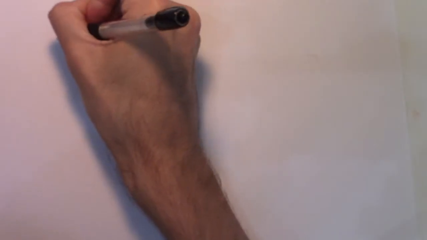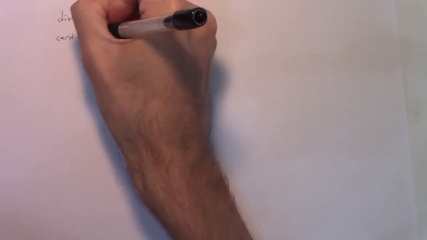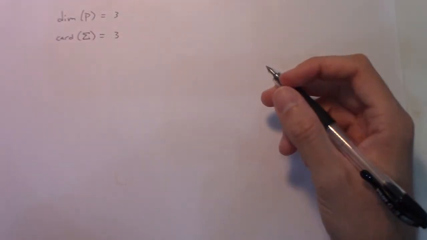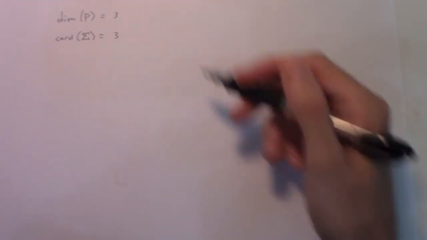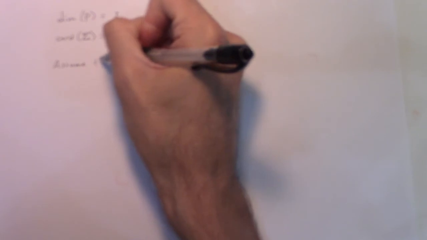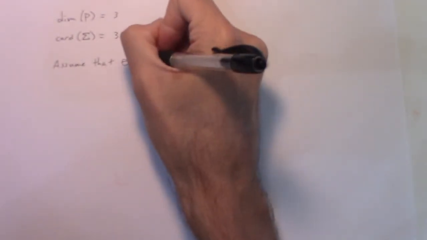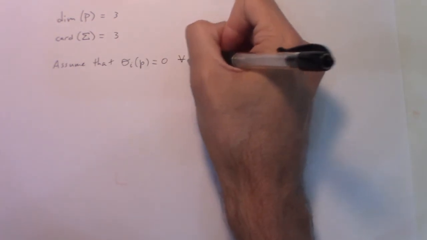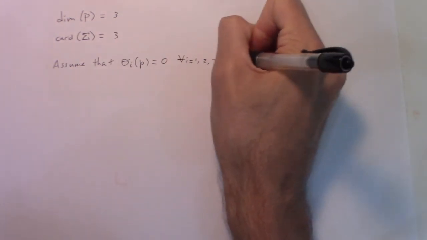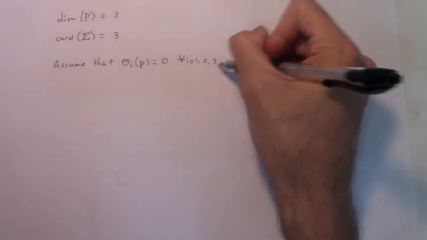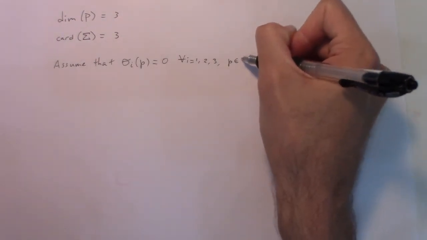And the cardinality of sigma, well, it has 3 linear functionals, which are the pointwise evaluations. So these are the same, so we are going to assume that sigma I of P is equal to 0 for all I equals 1, 2, and 3, and P is in P1.